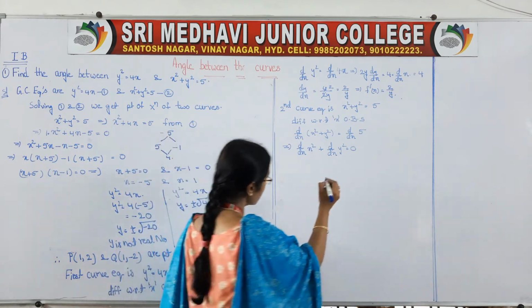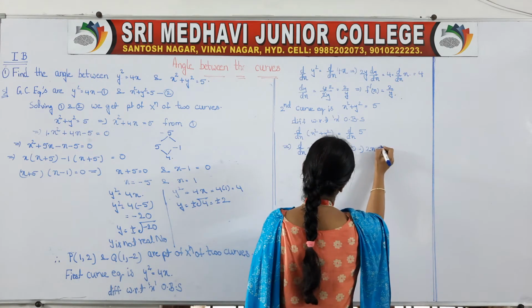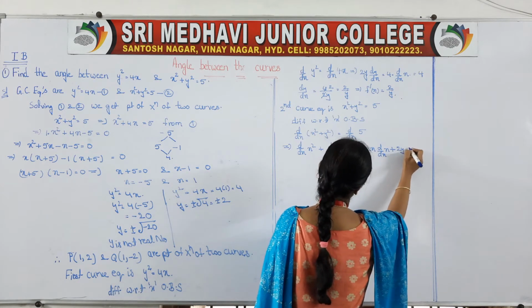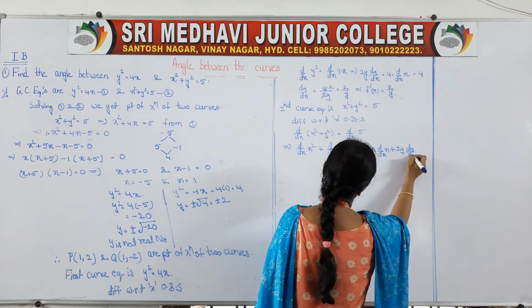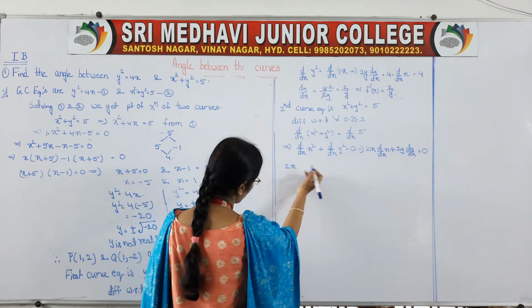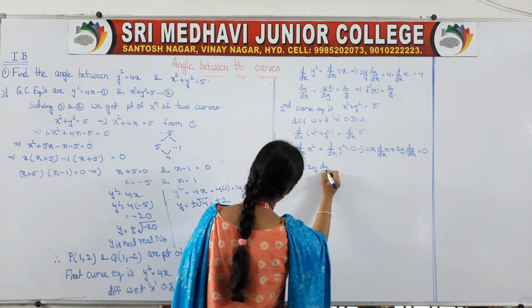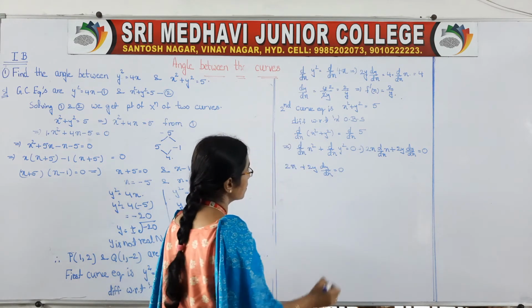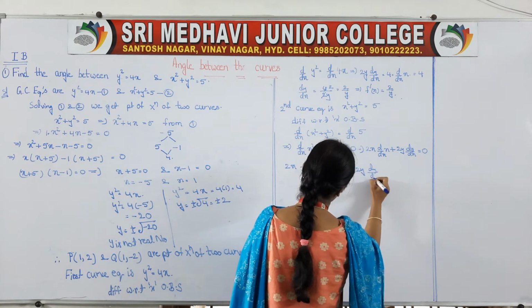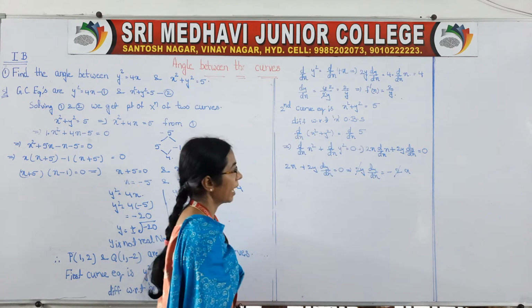So what happens? You know it very well. It is nothing but 2x into d by dx of x plus 2y into d by dx of y is equal to 0. So it is 2x into 1 plus 2y into dy by dx is equal to 0. So come on, it is 2y dy by dx is equal to minus 2x. 2 cancel.